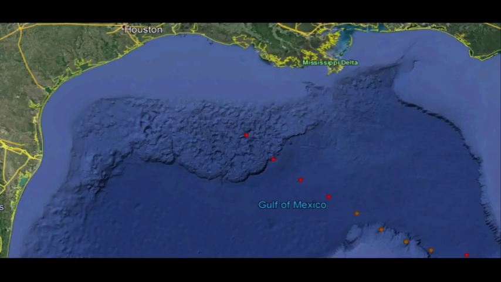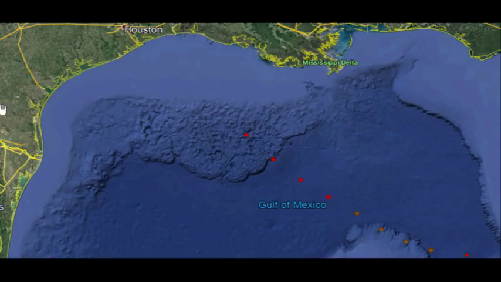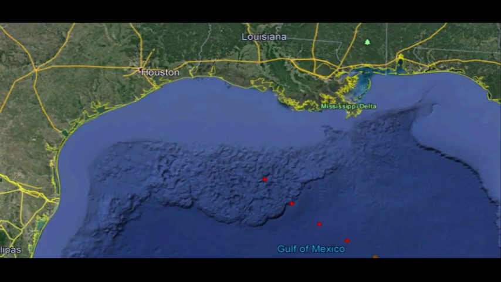The satellite photo at that last dot looked like that. Pretty well developed hurricane, category 4 maybe. So would this be expected to hit maybe Lake Charles, Beaumont, Houston, Galveston? Let me see if I can bring up the next dot.